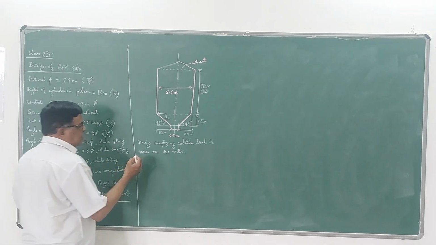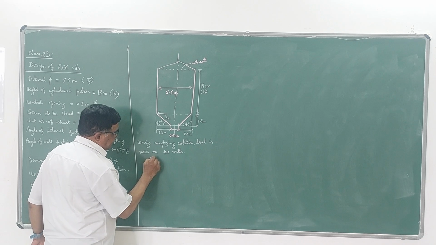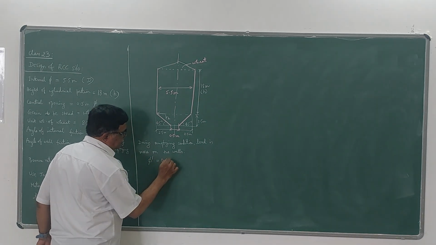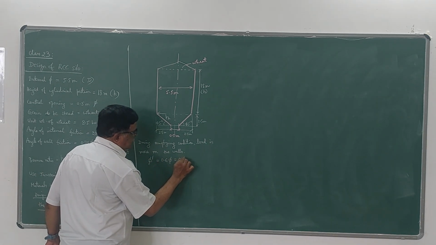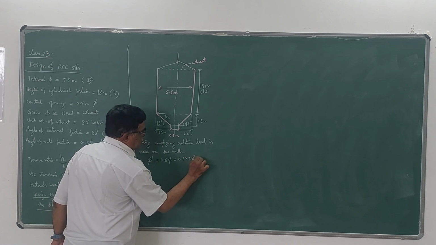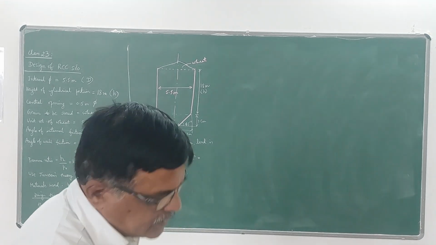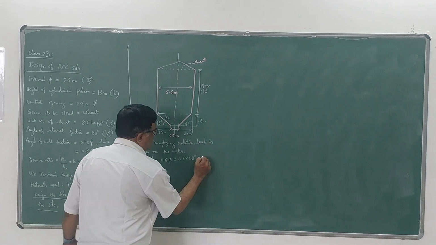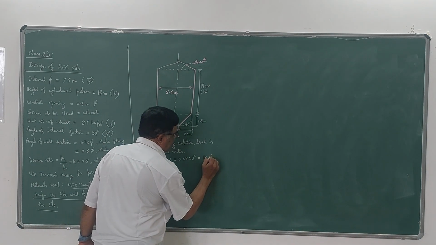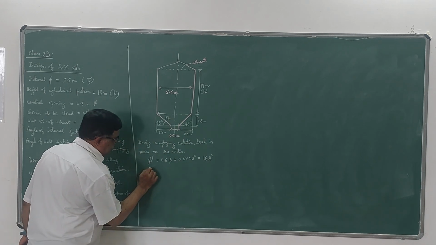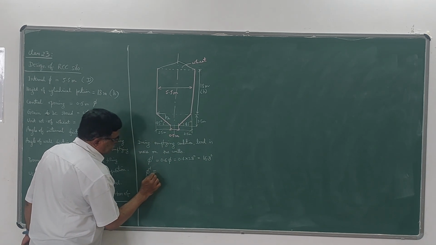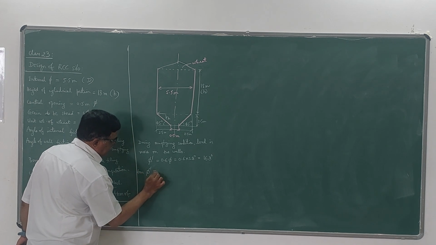So I will call it phi dash, 0.6 times phi, that is 0.6 times 28 degree, which comes out to be 16.8 degree. And we know that tan phi dash is nothing but mu dash.